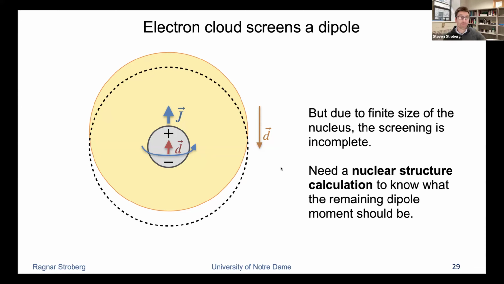So that seems to spoil that. Fortunately, that only happens if you have a point nucleus. Nuclei have finite size, and so the screening is actually incomplete.